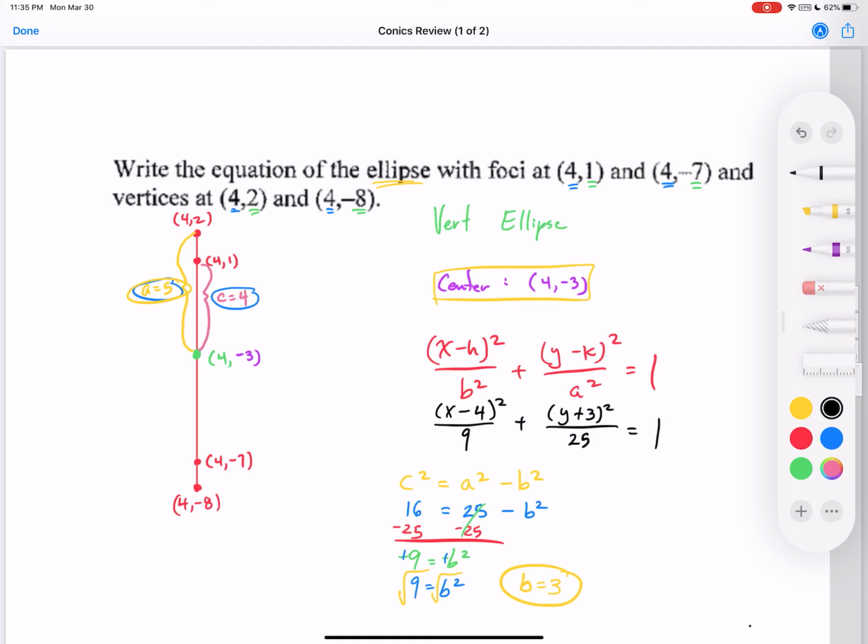So our equation is (x - 4) squared over 9 plus (y + 3) squared over 25 is equal to 1.